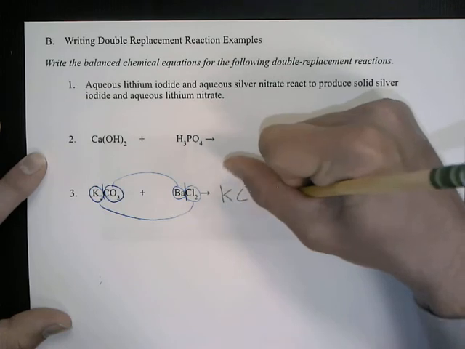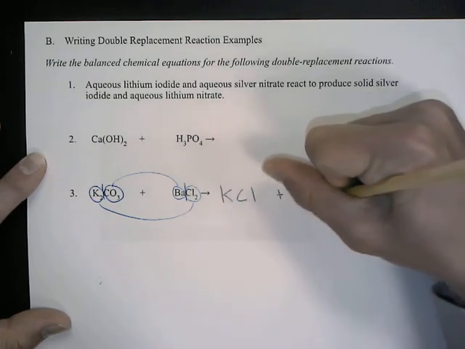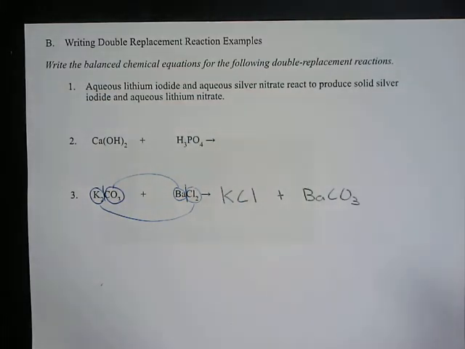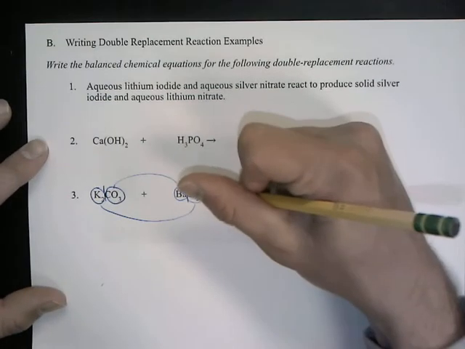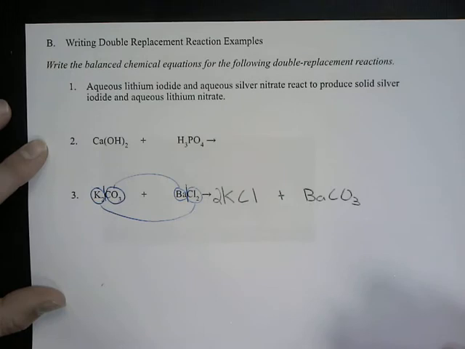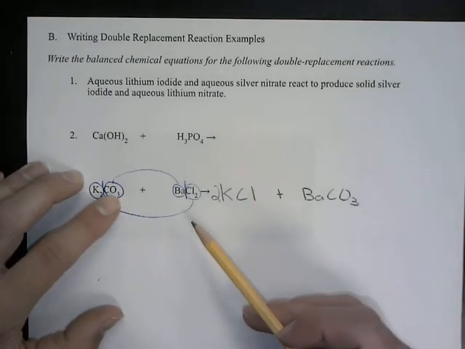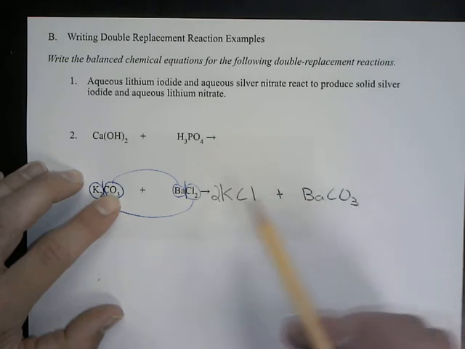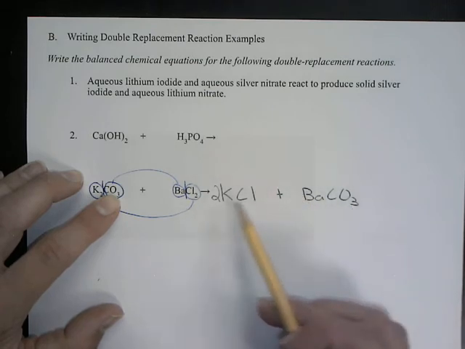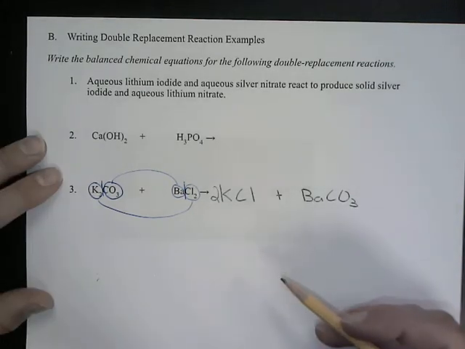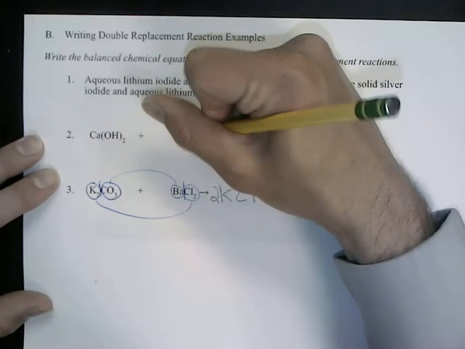Okay, so you would form BaCO3. Now, we still have to balance our reaction here, so we would have to put a 2 in front of our KCl. We would then check and see we have 1 CO3, 1 CO3, 1 barium, and then 2 chlorides. So that is balanced.